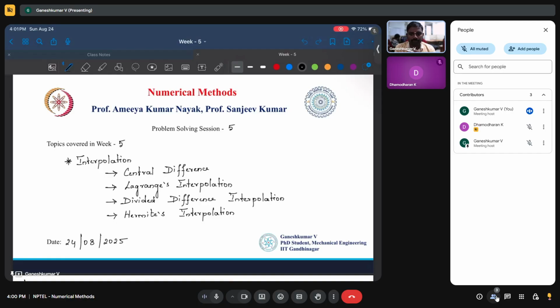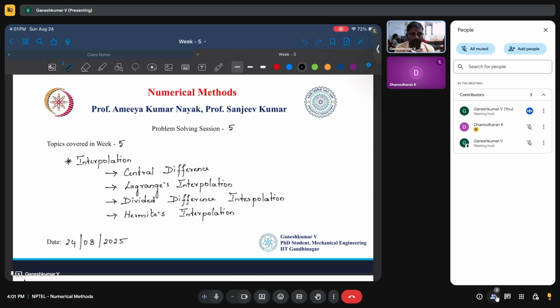In this week, what we saw is central difference interpolation formulas, Lagrange interpolation formula, divided difference interpolation, and Hermite's interpolation. So these are the main things. We also saw numerical differentiation, but it's not fully completed, so we will cover that in the next week.